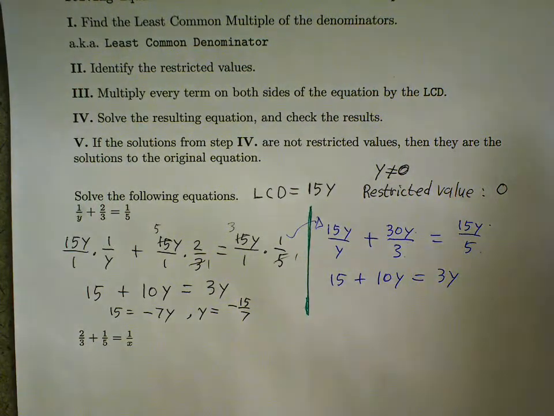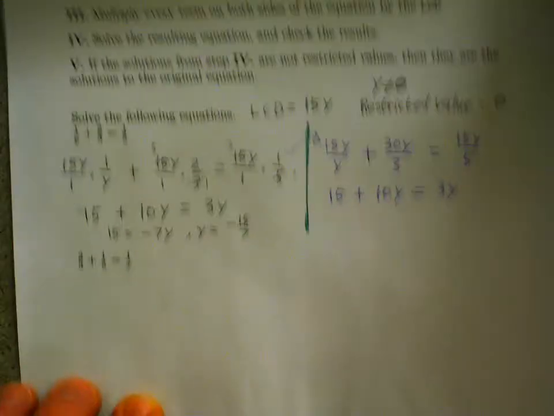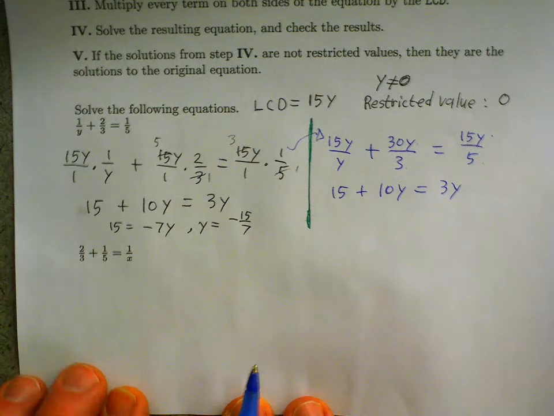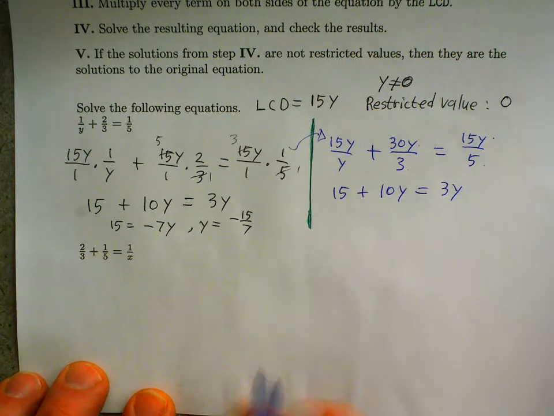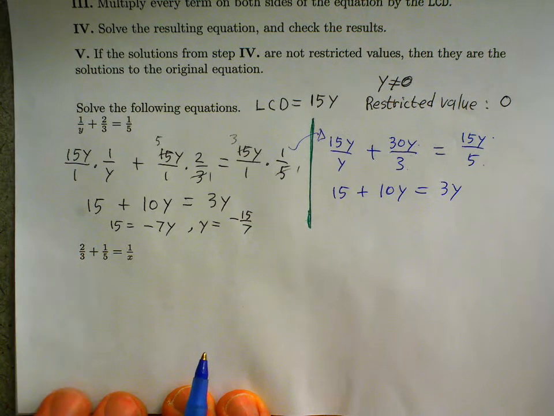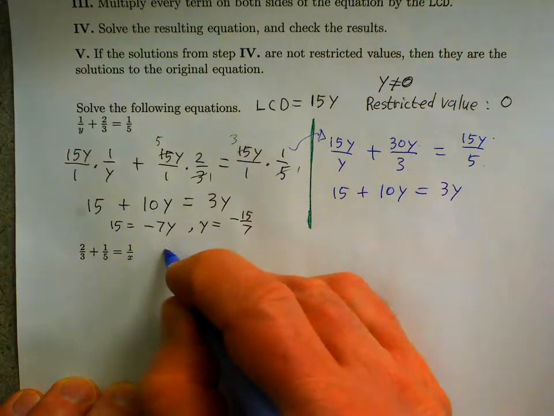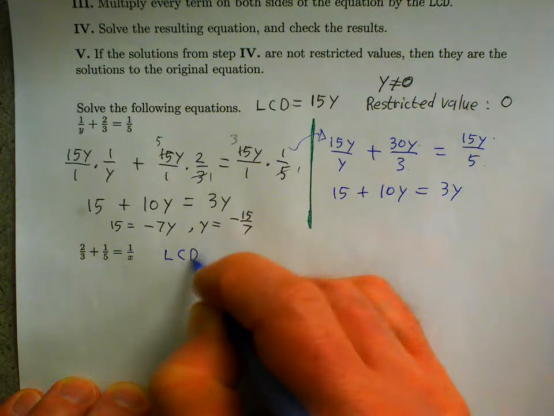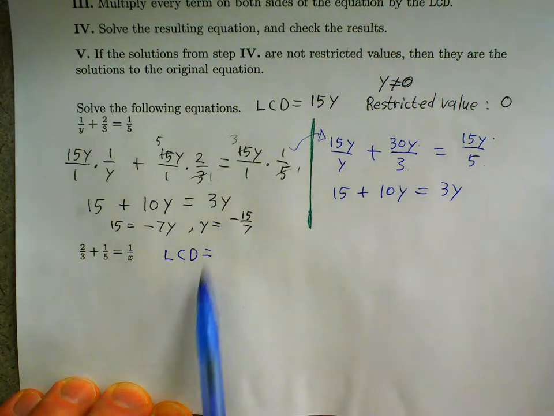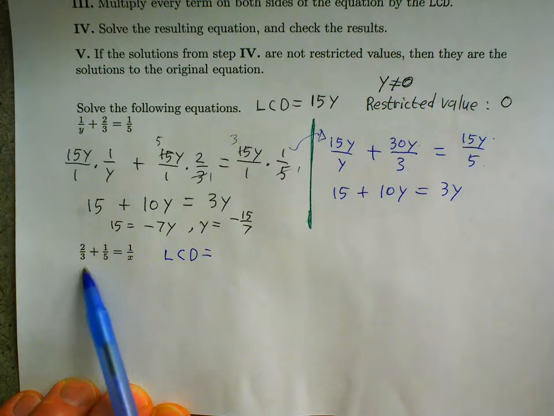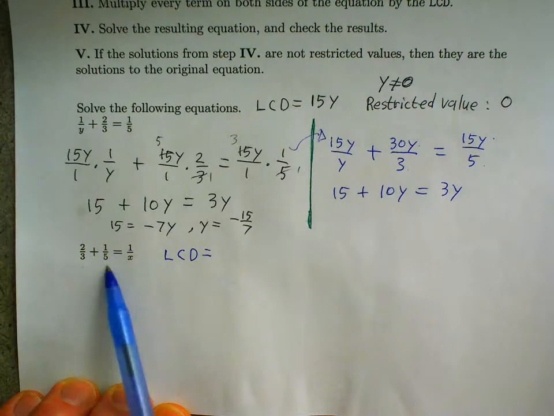Okay, let's look at the next example. 2/3 plus 1/5 equals 1 over x. We want to solve for x. Okay, this one, the least common denominator. Well, the denominators are 3, 5, and x.